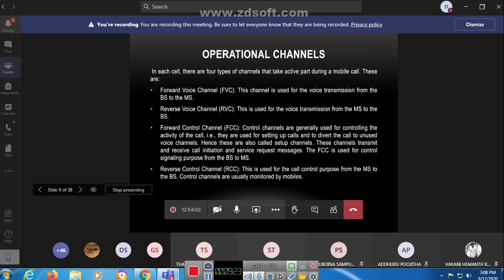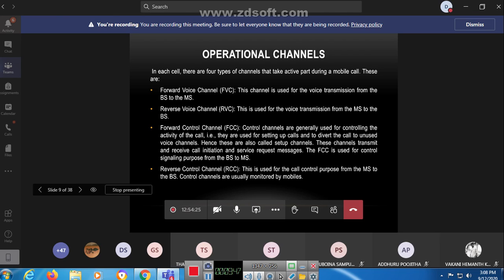What are the operational channels you have? See here, if you want to activate the channels, that means we have one mobile phone, and for that mobile phone it will be connected to another mobile.